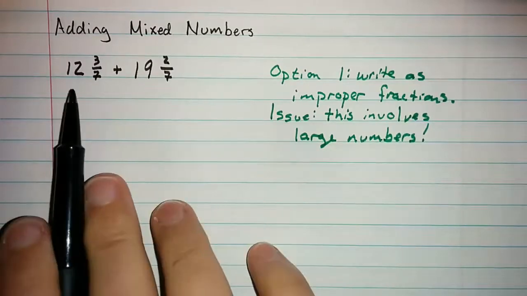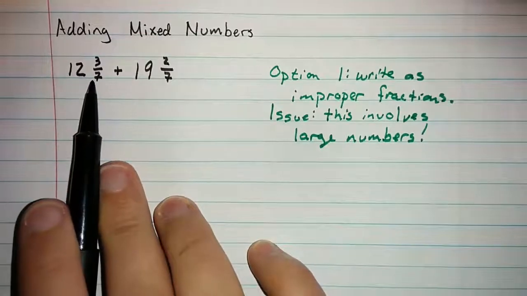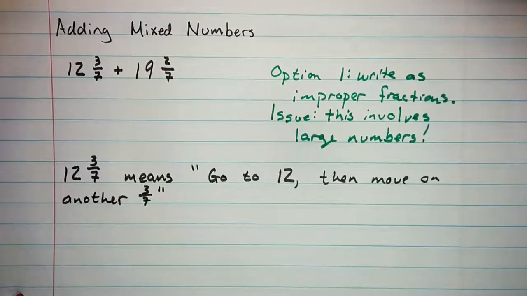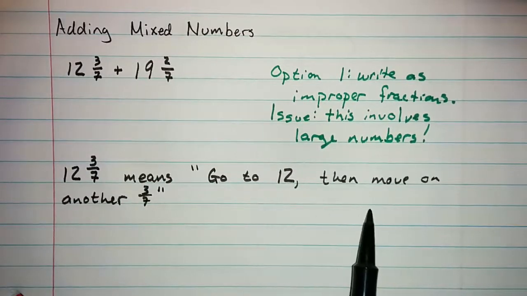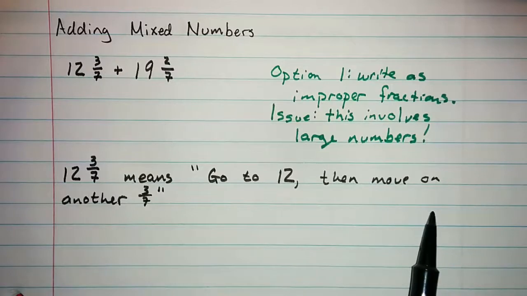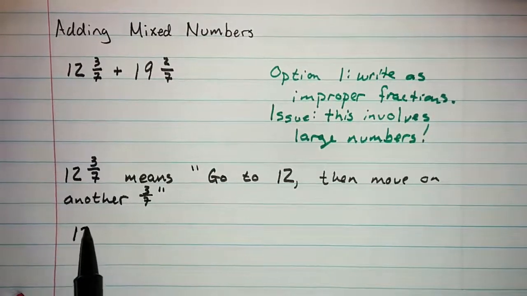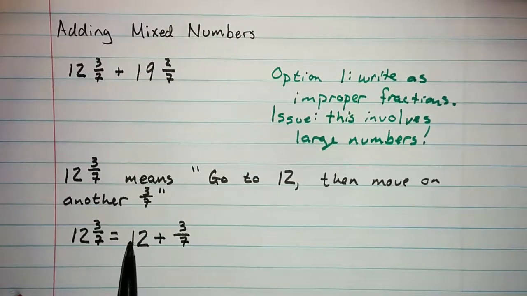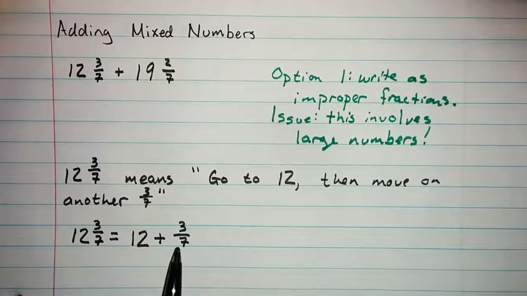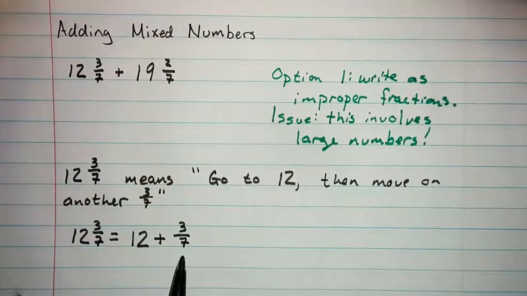Instead, let's think about what this 12 3/7 means. 12 3/7 means on the number line, go up to 12 and then another 3/7. In other words, the number 12 3/7 can be broken down as 12 plus 3/7.